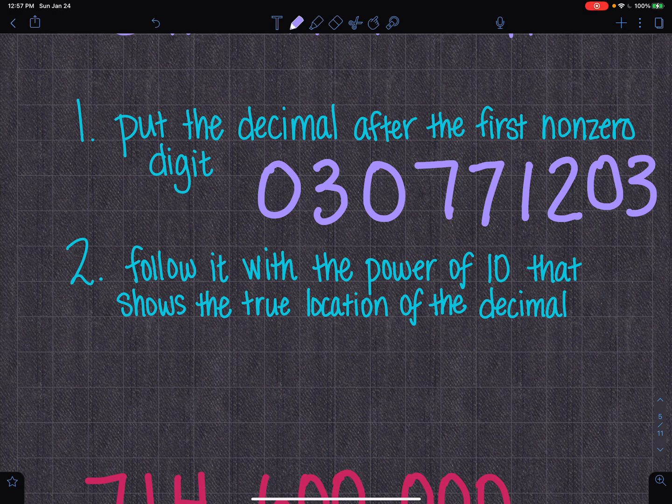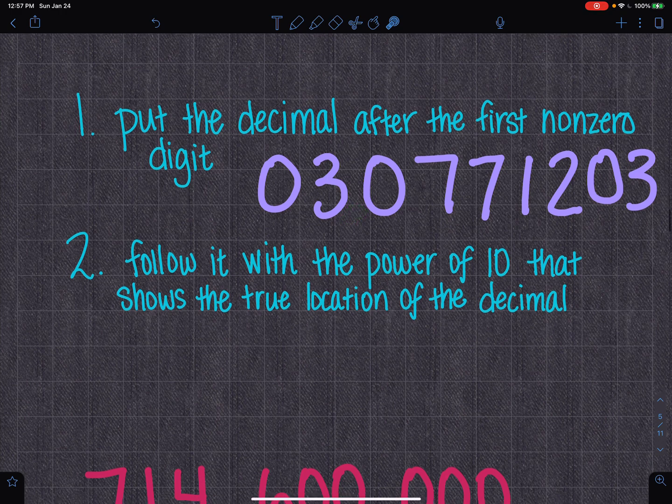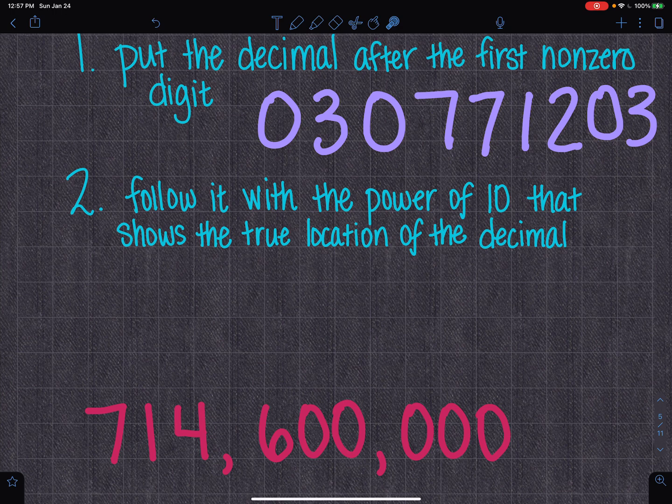It's going to be here after the first non-zero digit. So it does not go here because that's a 0. You put it after the first non-zero digit. Okay, so this is going to shorten to 3.07 times 10 to the something, right? And then you follow it with the proper power of 10 that shows the true location of the decimal.